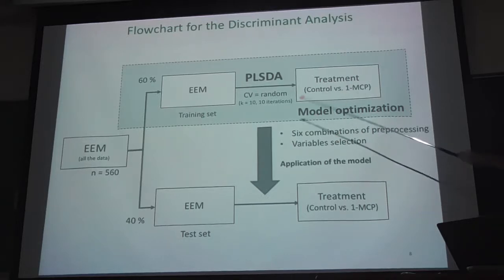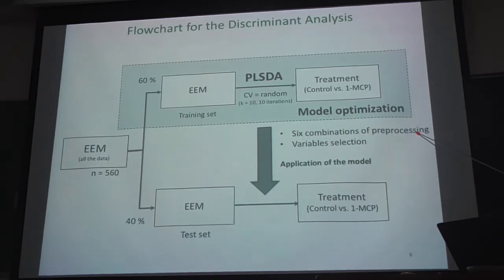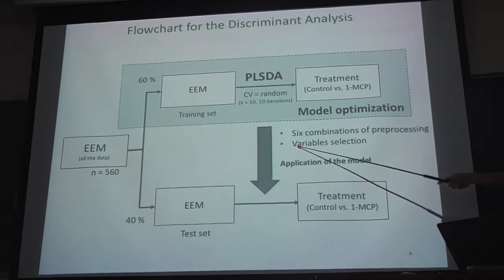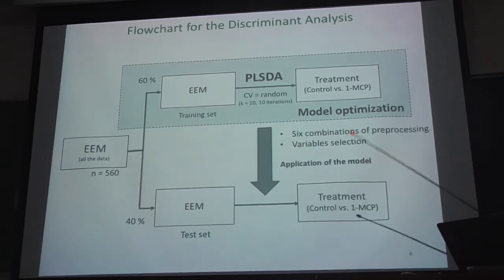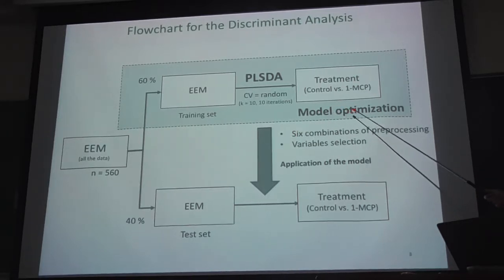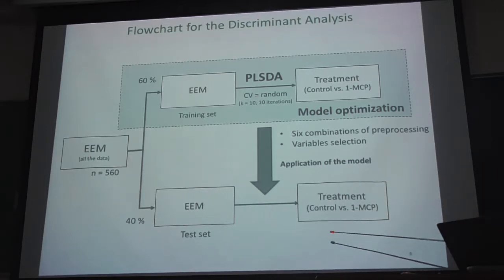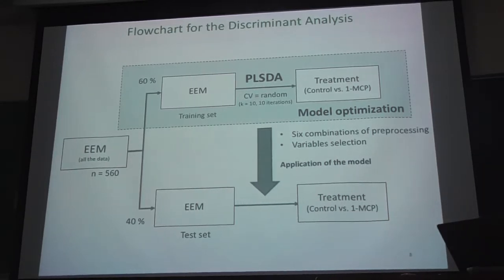Then we predict the treatment, which is control or 1-MCP. Then we optimize the model with 6 combinations of preprocessing, and we also try to select variables. When we get the best model, we apply it to the test set and check the accuracy of the discrimination.